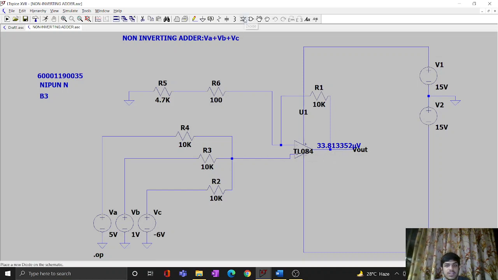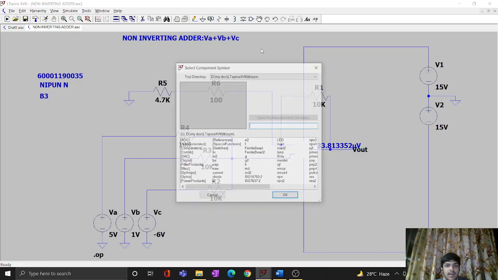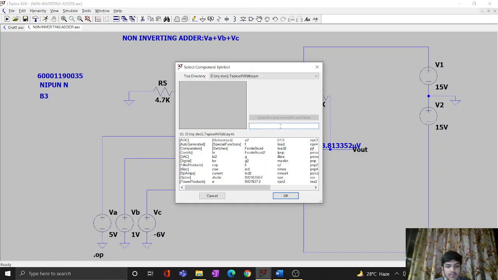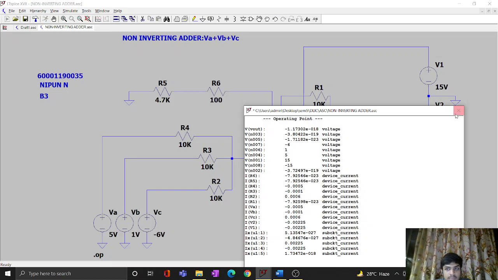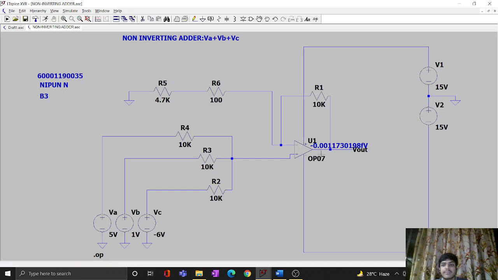I can also change the op-amp here by using an OP07 op-amp and verify the values again. You can see this is the output, but the TL084 has more accuracy and is closer to 0 than the OP07. Similarly, we can also do this with LM741.